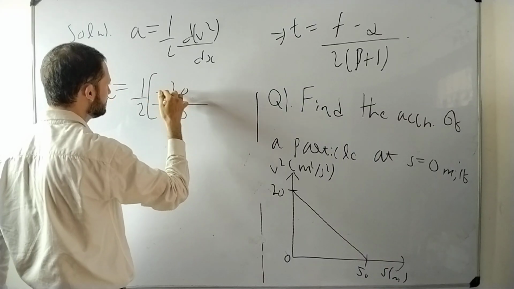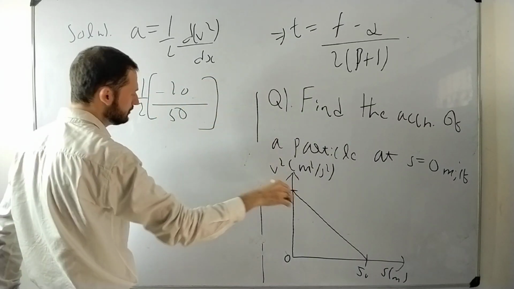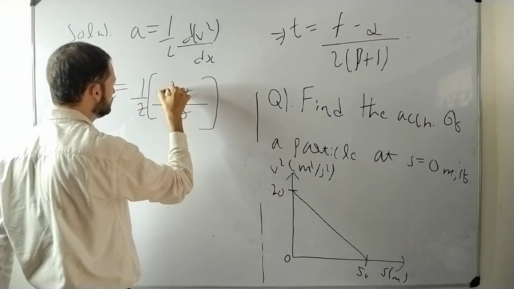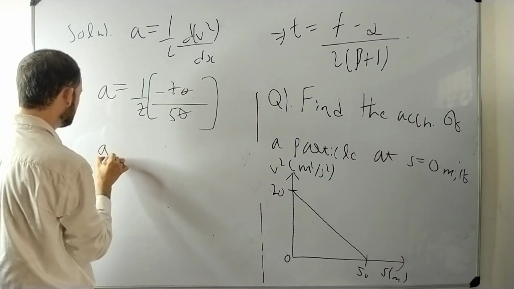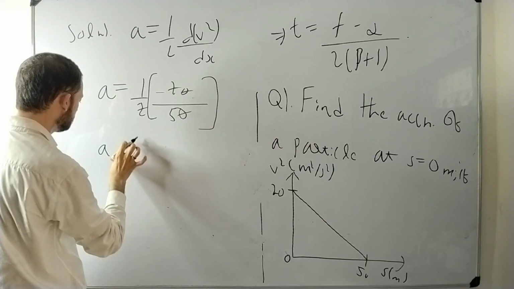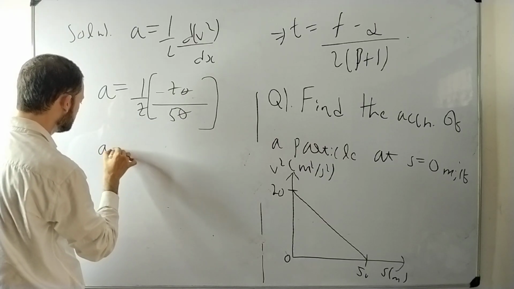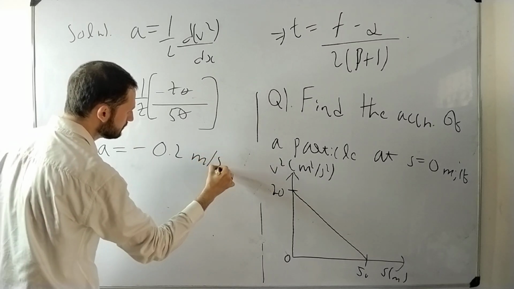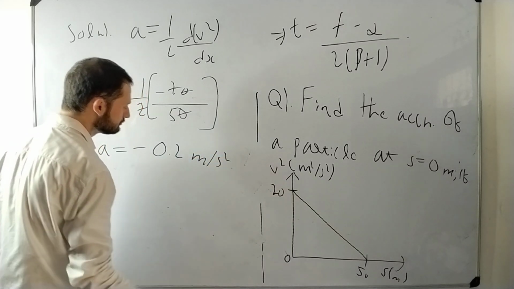Why is minus coming? The slope is decreasing, students, that is why minus. So this becomes acceleration as minus 0.2 meter per second square. Okay?